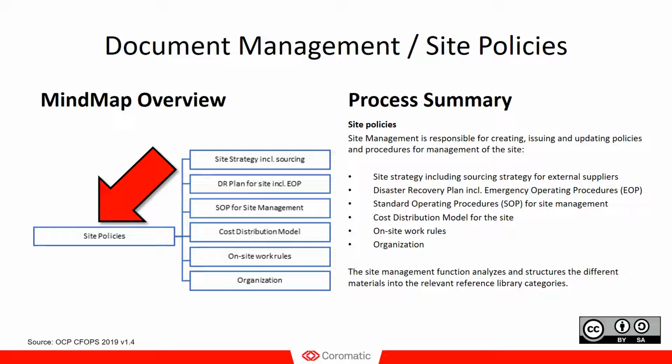And that means when you design and build and start up a site, for the first 5 years, you may have a completely different focus and attention on certain things compared to 20, 25 years later. Then you might have another site strategy because you are getting closer to the decommissioning phase. So depending on where you are in the life cycle, the site strategy will shift.